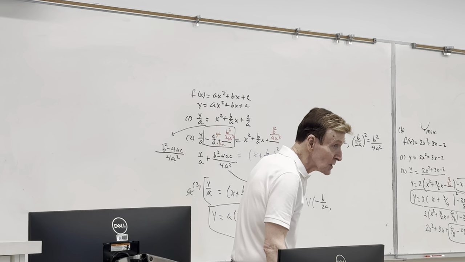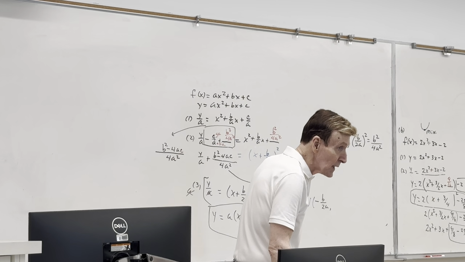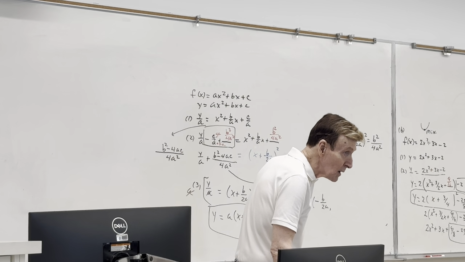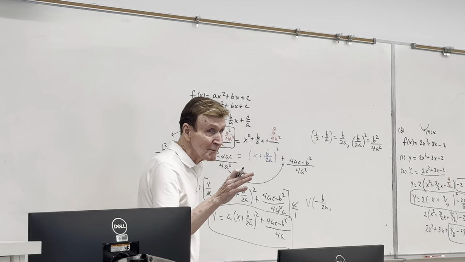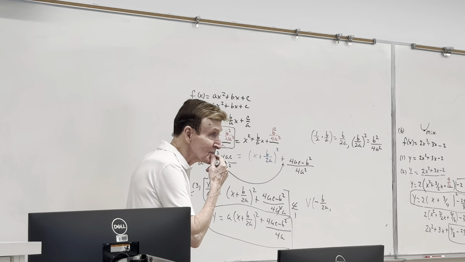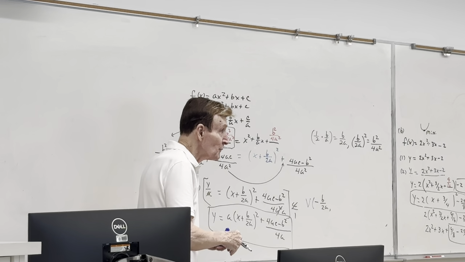I hope your teacher who gave you negative b over 2a showed you where it came from. And then count those 4, please. That's what I'll say. It's a formula. Use it. You had no idea where it came from.